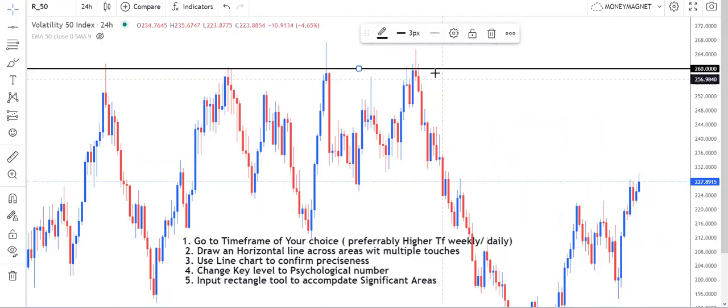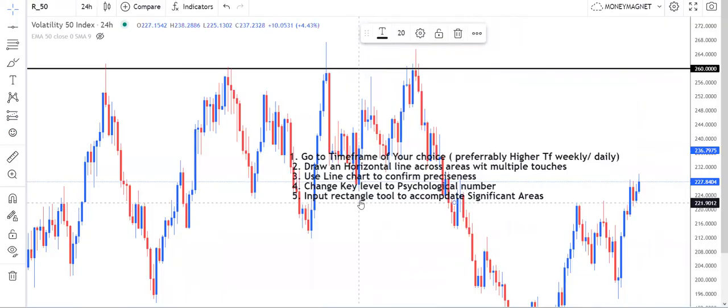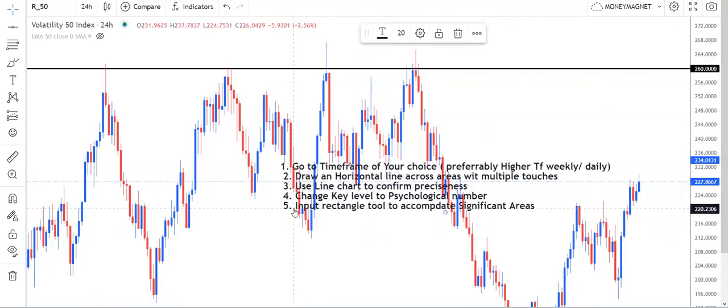So that looks more perfect, guys. So all I did was change the key level, the horizontal line, to a psychological round number, 260.